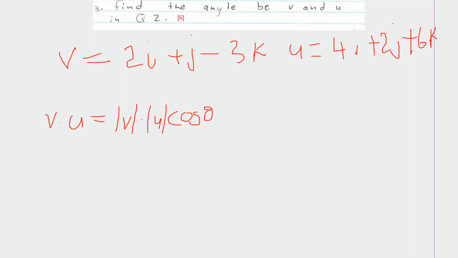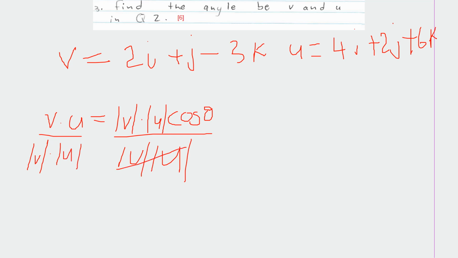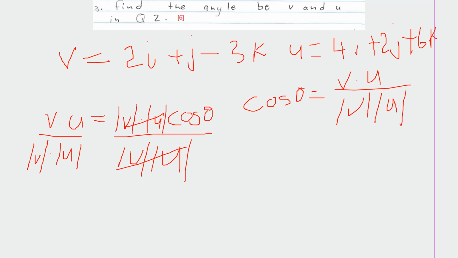So when you simplify your equation, you divide both sides by the magnitude of v multiplied by the magnitude of u. So this will cancel out, and we are left with cos of theta being equal to the scalar product of v and u over the magnitude of v times the magnitude of u. Okay.